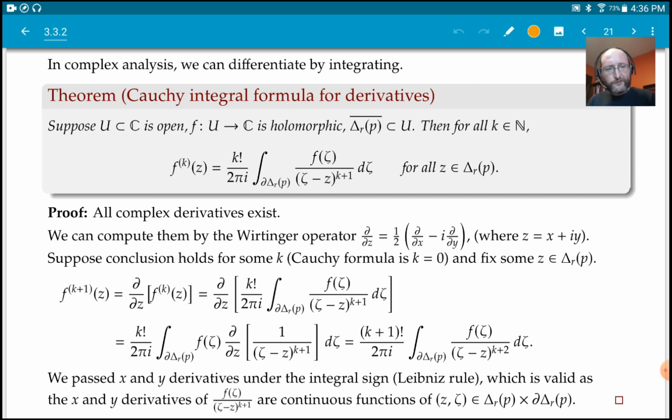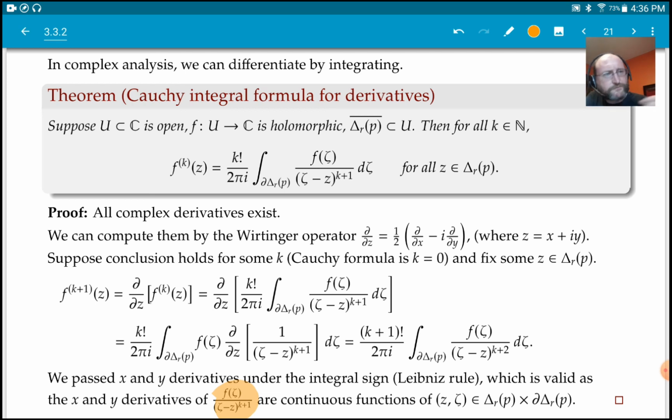But we can just use the Leibniz rule here, the version for the Riemann integral, because if we take the x and the y derivative, if we replace z with x plus iy, then the x and y derivatives of this thing are just continuous functions.